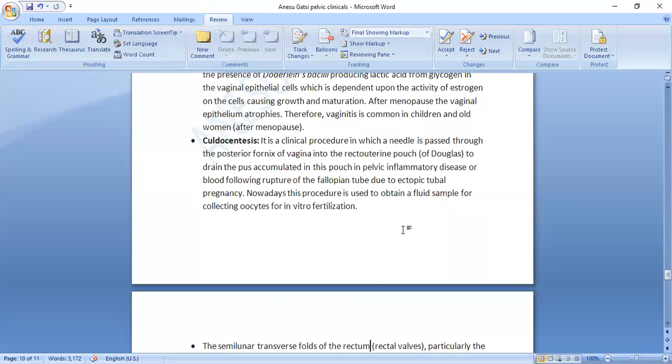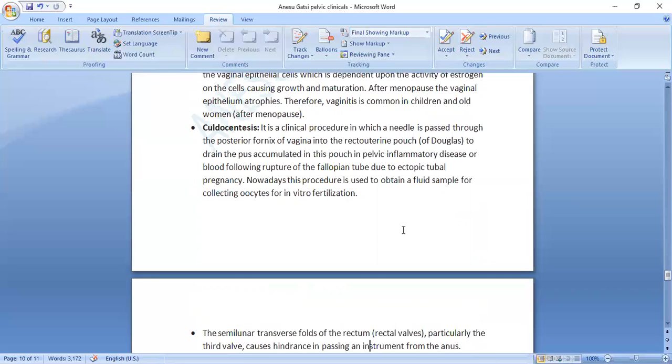But nowadays it's also used to collect a fluid sample for gathering oocytes if you want to do in vitro fertilization, where normal fertilization is not possible, either due to problems with the female or the male. So you then do in vitro fertilization, then pass the developing embryo back into the female.